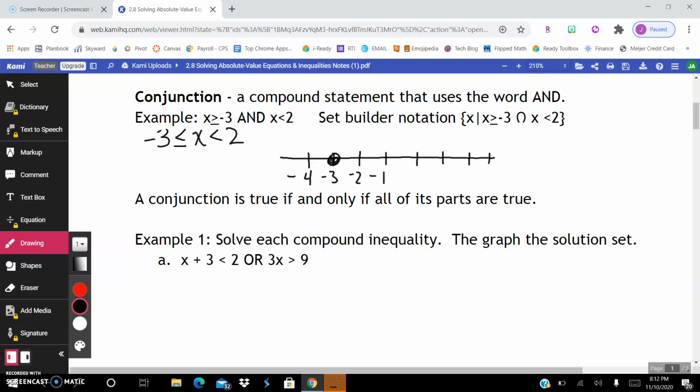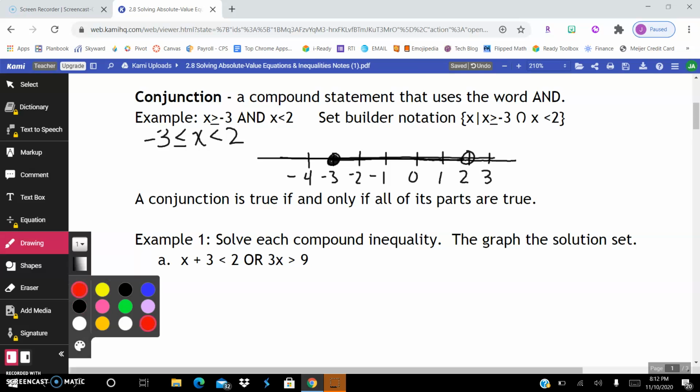And we're going to fill that circle in because it is underlined. And a circle at +2, and it's going to be open. And x is greater than -3, so we would shade this way. And then x is less than 2, so we would shade this way from the 2. And the part that you want to show is the part in the middle.